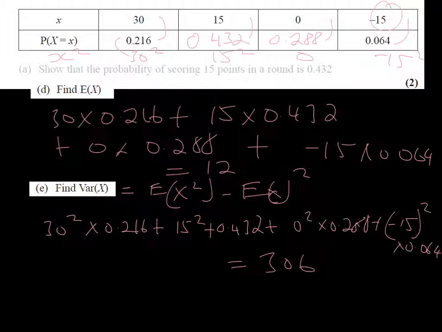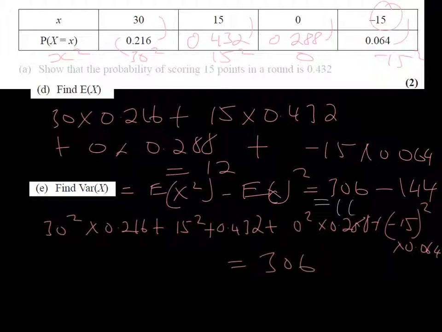So if we then go back to the formula for variance, that's going to be the expected value of x squared, which is 306, minus the expected value of x, which was 12 squared, so that's going to be 144. So if we do that, we get an answer of 162 for the variance.